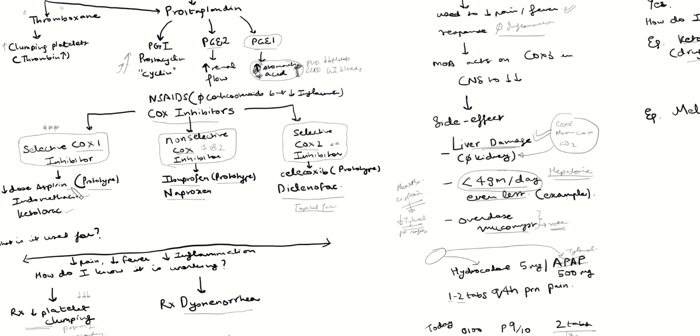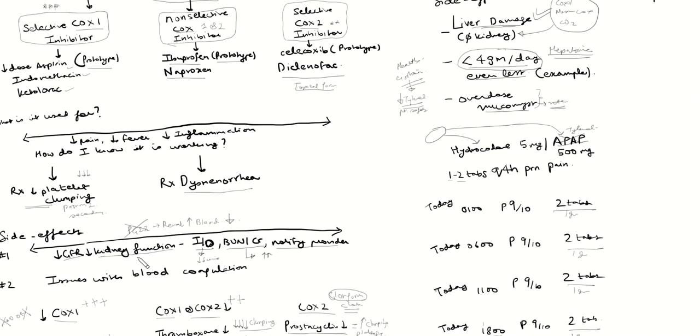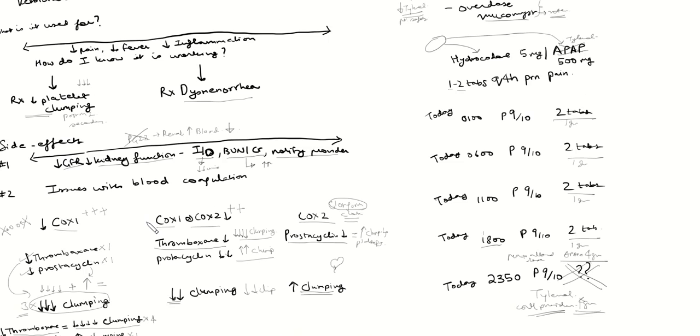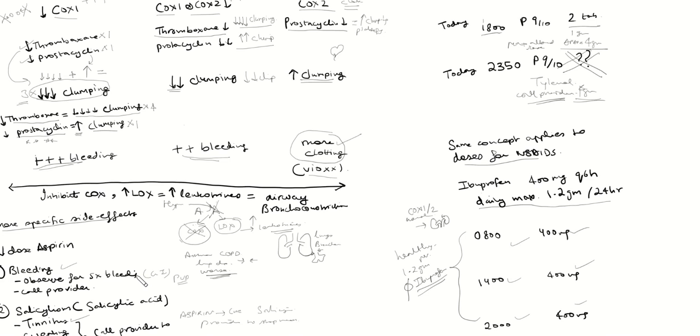Okay. We talked about different drugs in this category, including prototypes. All three of them, Cox-1, Cox-2, and non-selective Cox-1 and Cox-2 inhibitors, decrease pain, fever, inflammation. All of them do damage to the kidney. All of them increase the leukotrienes and may cause some airway bronchoconstriction.